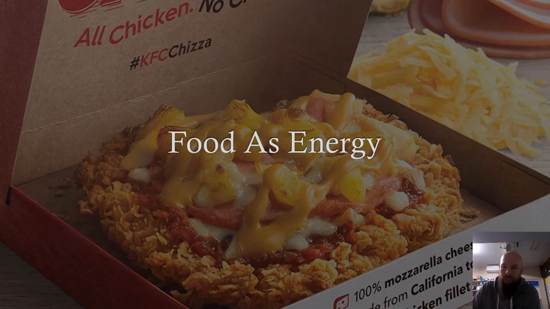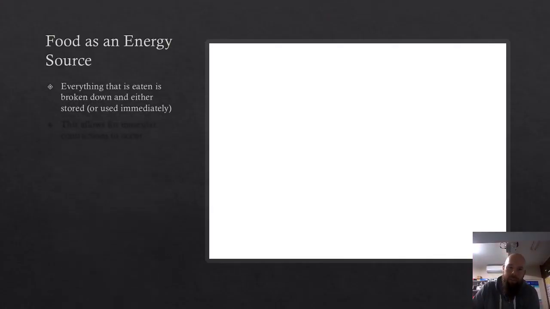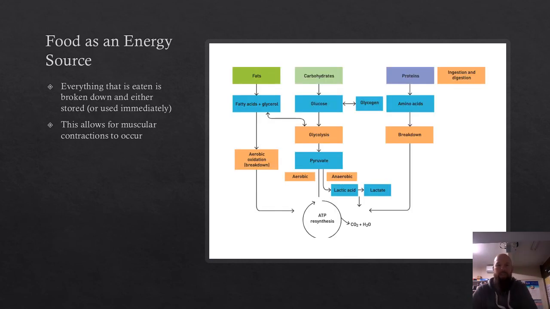So food as energy, we've looked at before, but everything that we eat gets broken down and it either gets used straight away or it gets stored for energy later on. We know that it allows for muscular contractions to occur. There are different ways that happens, and this is what the picture here shows. So we've got fats that get broken down, and you know what they get broken down to because we've already talked about that.